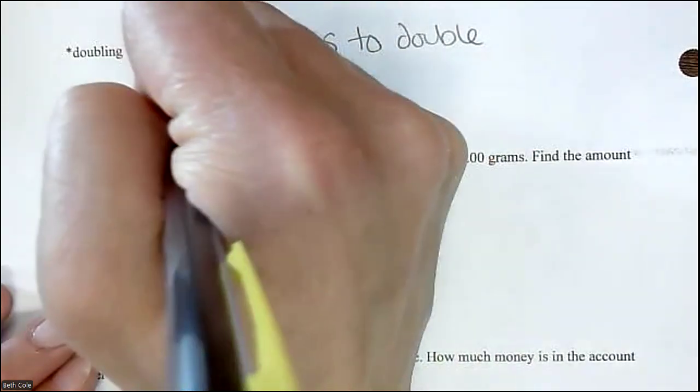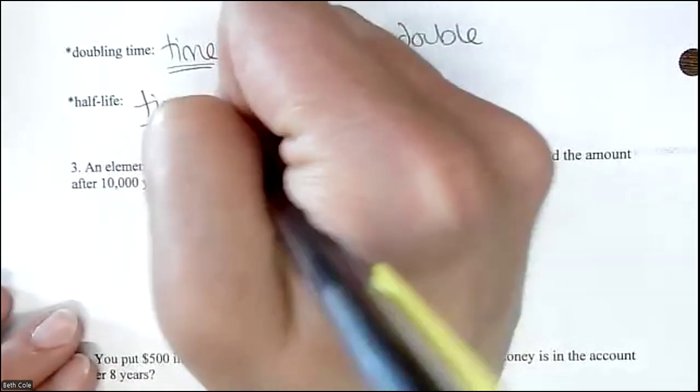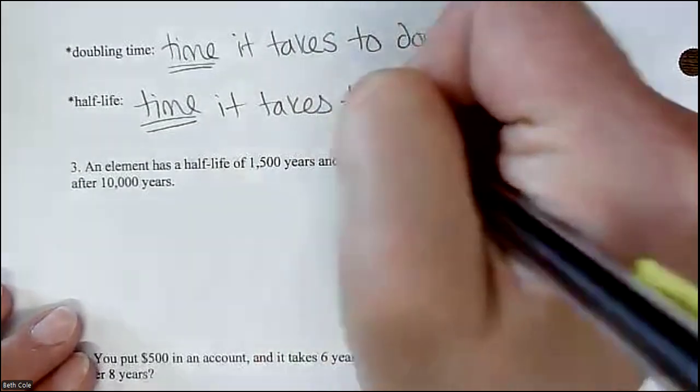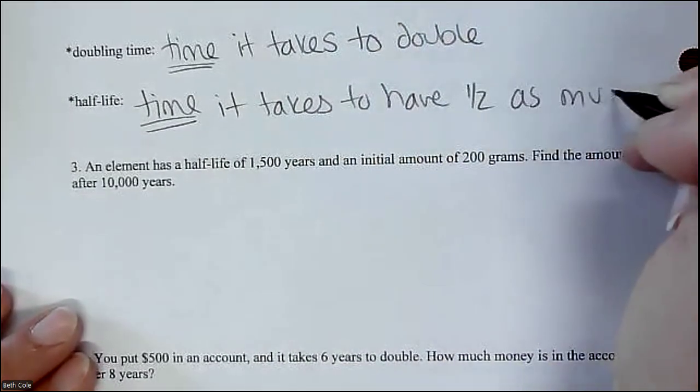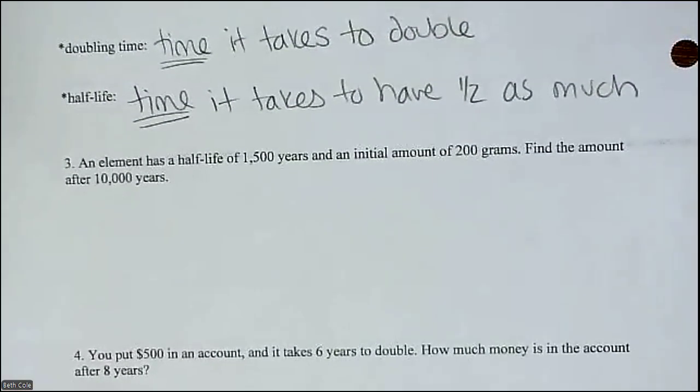And same for half-life. Again, you have to remember it's time. It's the time it takes to have half as much as you started with. So in that case, your amount would have to be decreasing. Typically, this shows up in chemistry because you'll get a problem where an element is decaying over time. Do you know what I'm saying?